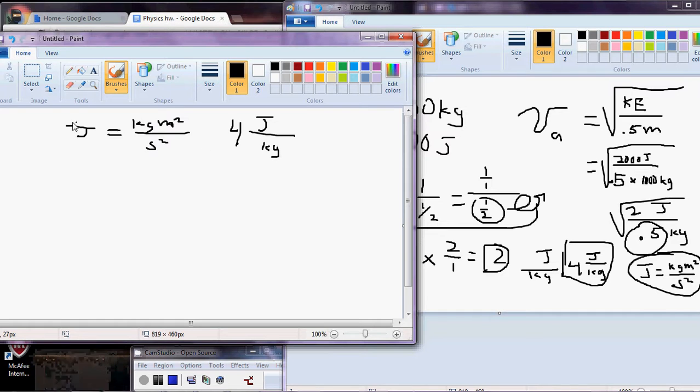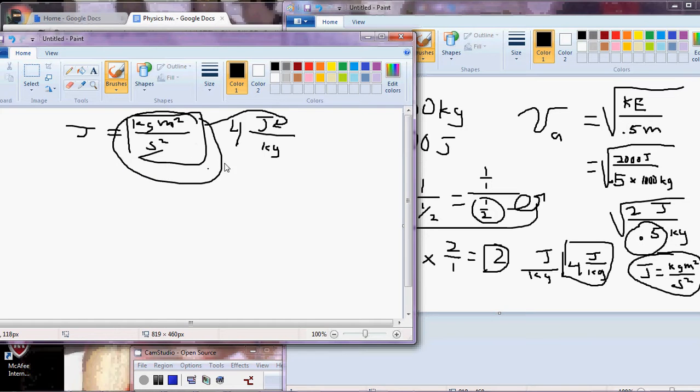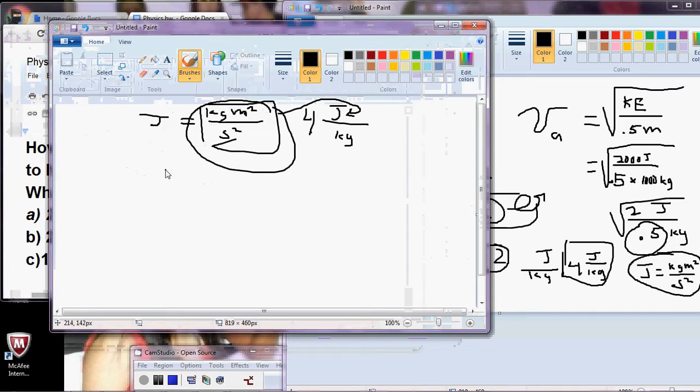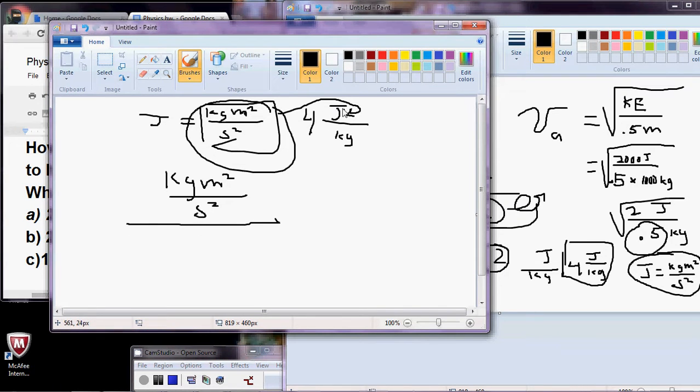So what we're practically saying is we have 4 joules, which is this, over kilograms. So I'm just going to substitute the J for all of this. I'll plug it in for J: kilograms meters squared over seconds squared, all divided by, so that's just this part.